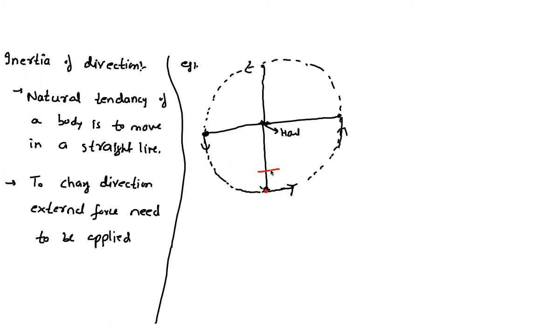If the string breaks, then the external force which was changing the direction of velocity will not be there. So there is no external factor which can change the velocity. So its direction will not change. It will move in a straight line.